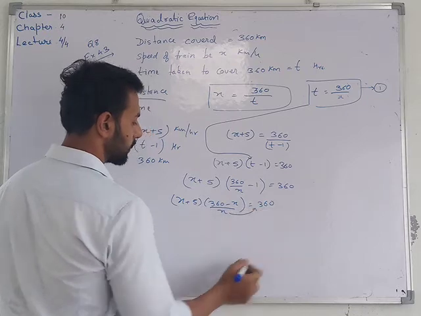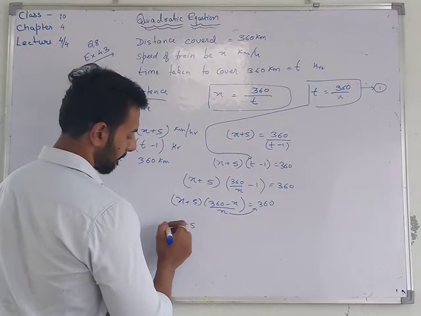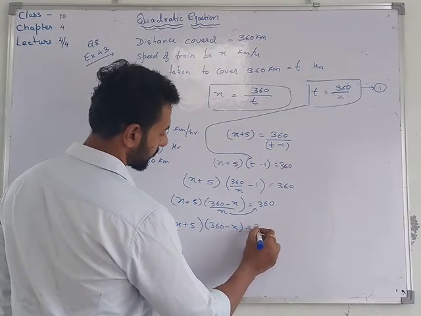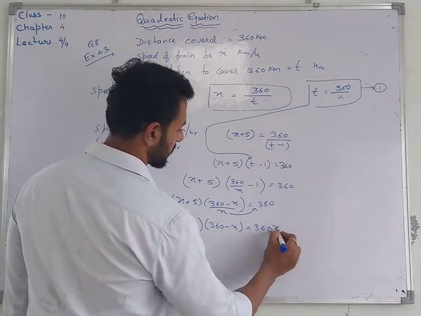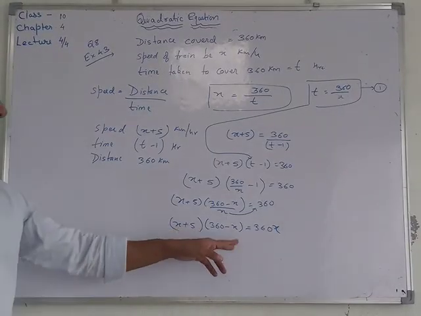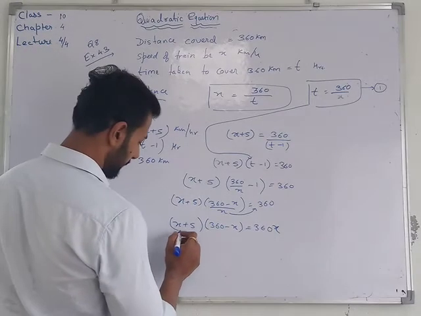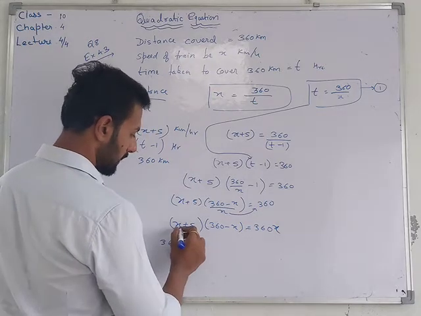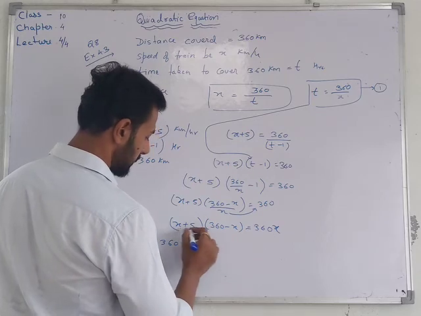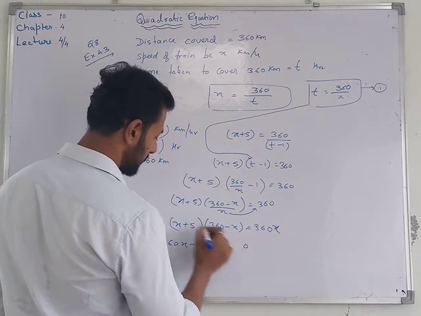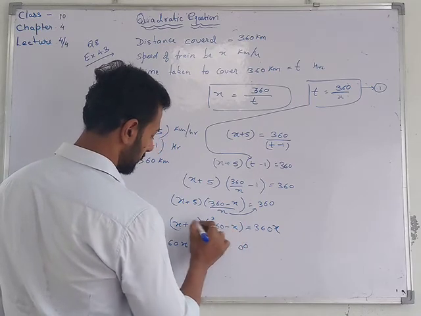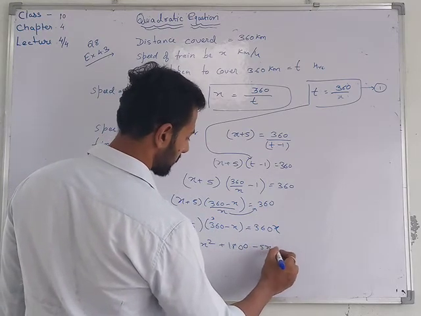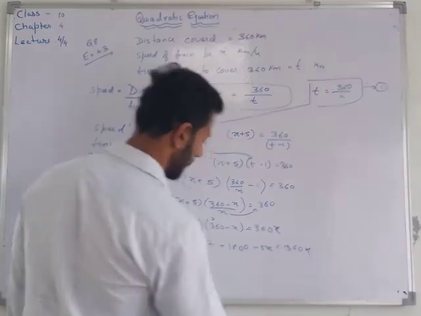Taking this x in the numerator, x plus 5 into 360 minus x is equal to 360x. Multiplying this in the bracket, x into 360 will be 360x, x into minus x will be minus x square, plus 5 into 360 is 1800, minus 5x, is equal to 360x.